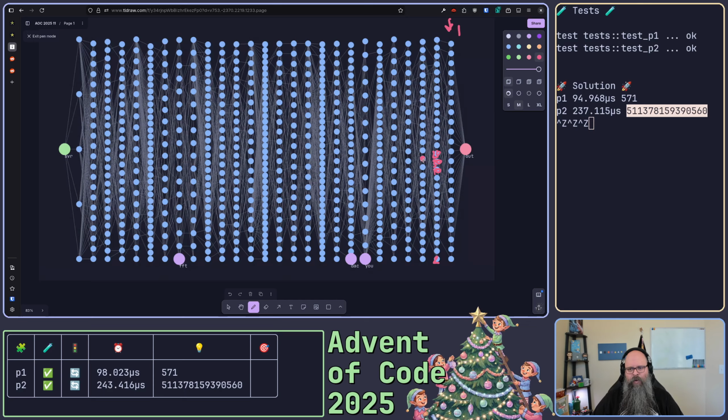And this is because it's a directed acyclic graph. That's specific to this case. The only other way you could do it is if it was DAC to FFT to out. These are the only 2 paths.